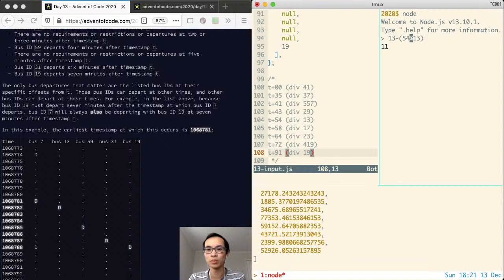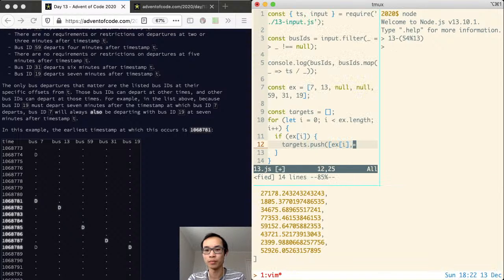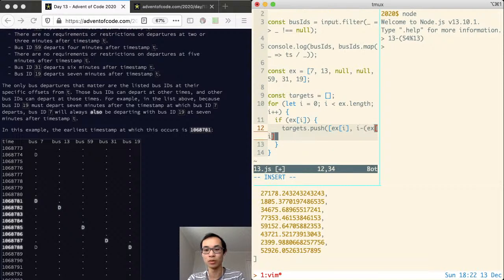And it works for small numbers, right? Yeah. So we want the time difference, which is the index, mod the value. Okay. So we want this to be the index minus the value mod the index.